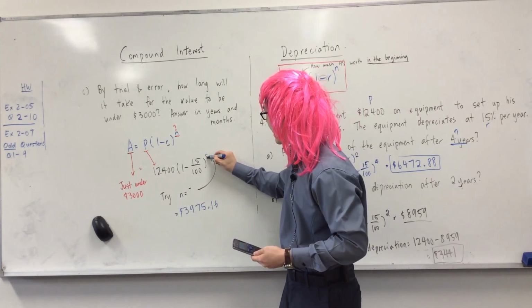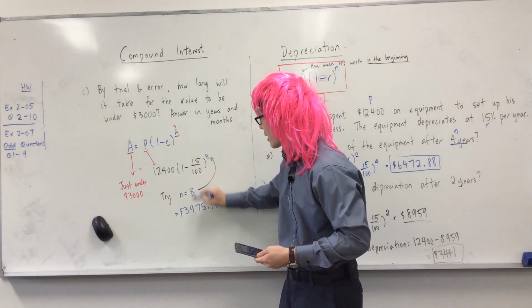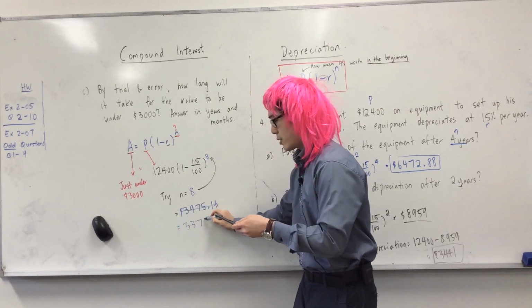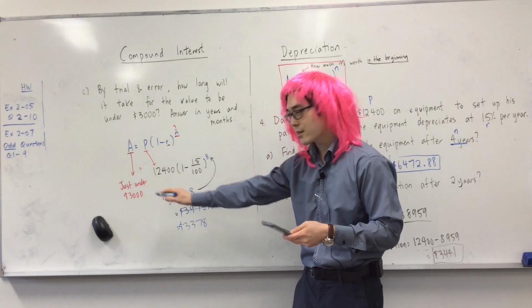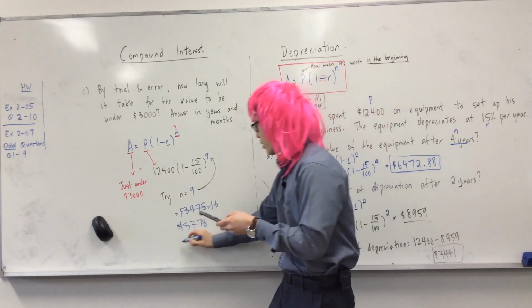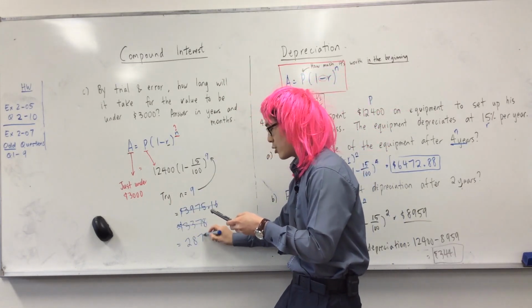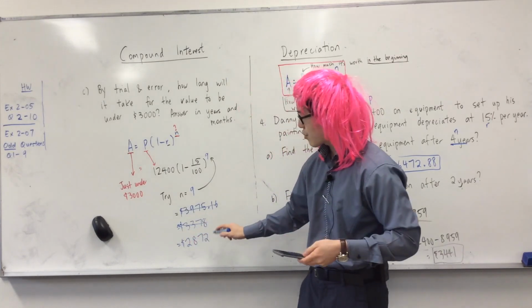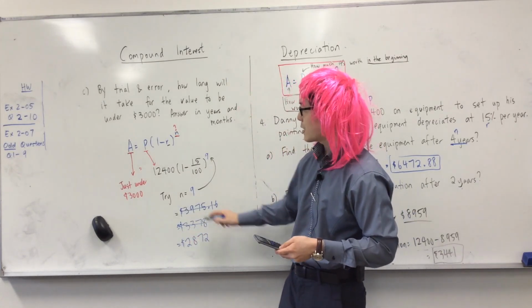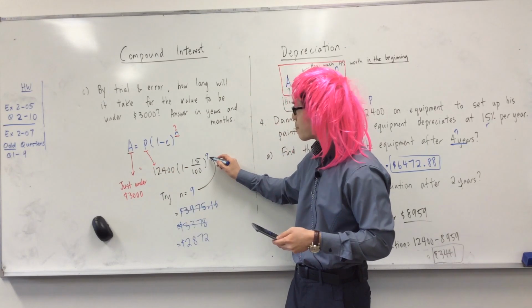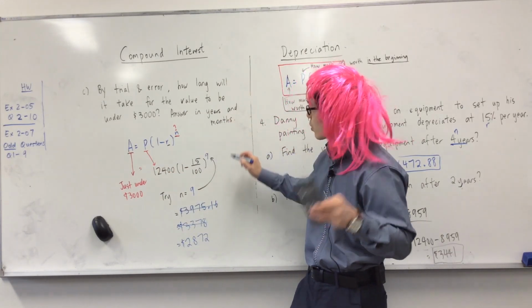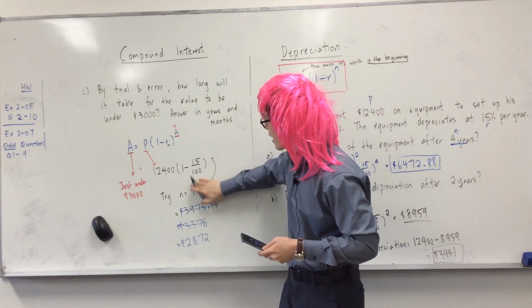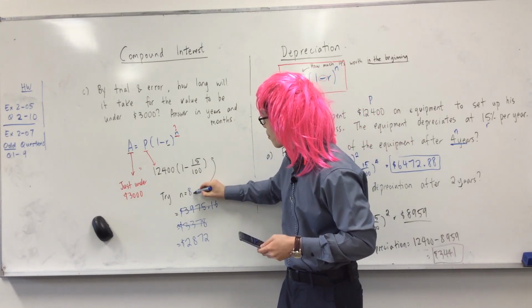Let's try 8. I get $3,378. That's still not under 3,000. Let's try 9. I get $2,872. That is under 3,000, but they want it to be just under 3,000, and we can be more exact because they want it in years and months. So instead of 9, let's try 8.5.